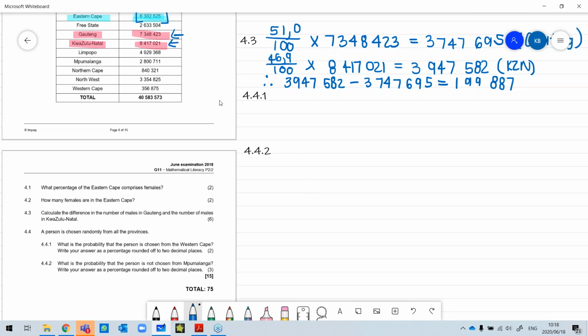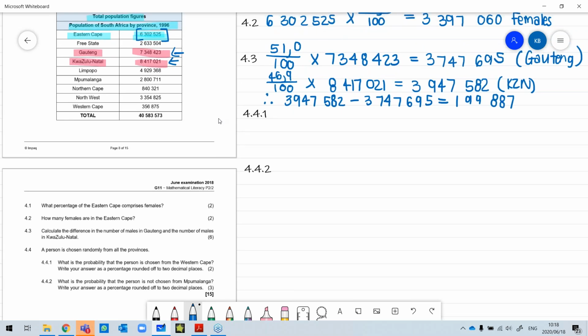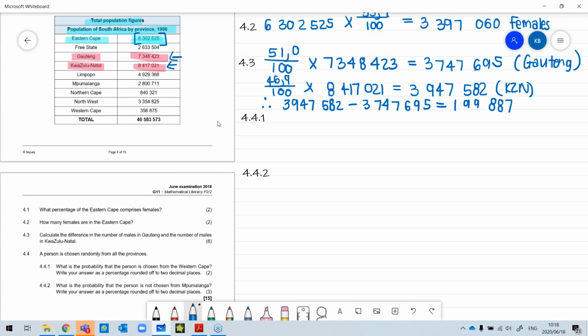So for this question, these questions of probability, we are only going to make use of the table. So let's quickly double check. Western Cape is given here at the bottom. So the Western Cape has 356,875 people out of a total of 40,583,573.